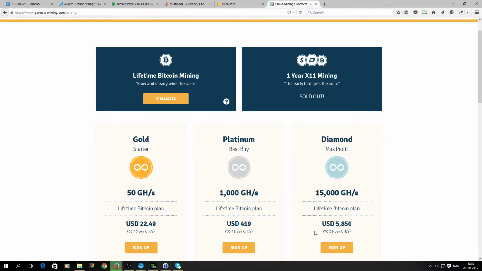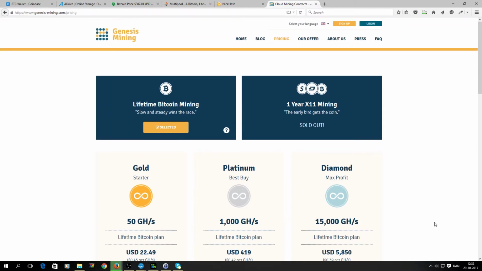But it could be, again, it's extremely difficult to say because no one knows what the prices and new mining equipment will be on the market, how the difficulty will change, and the price of the coins. So yeah, it's an open question, but it is a good solution.